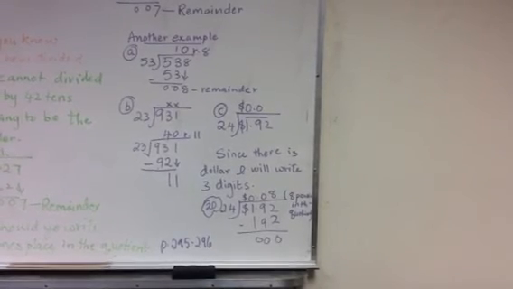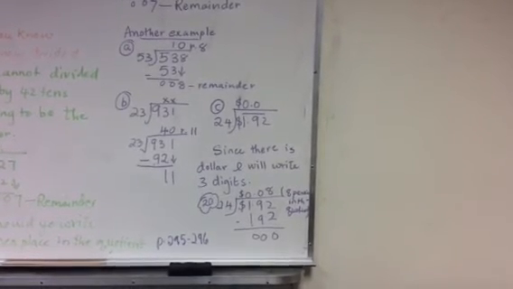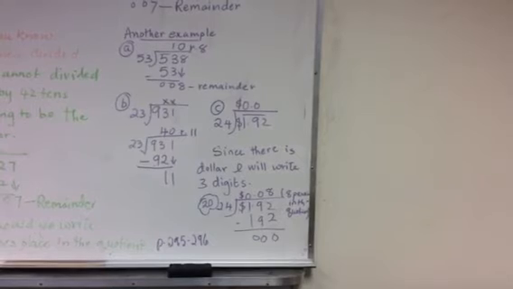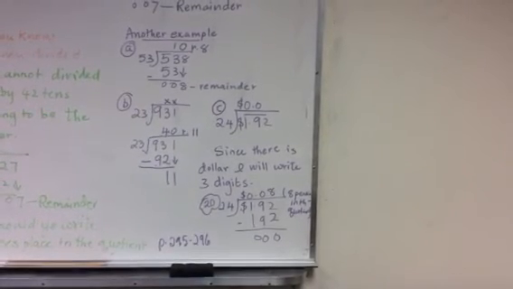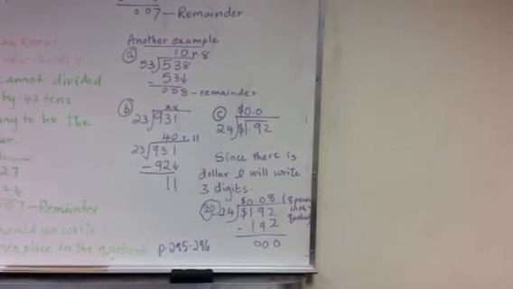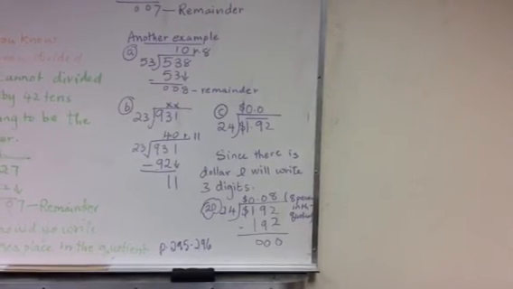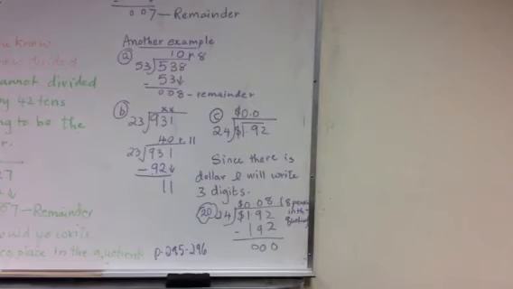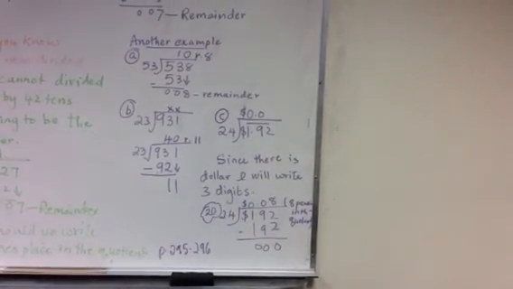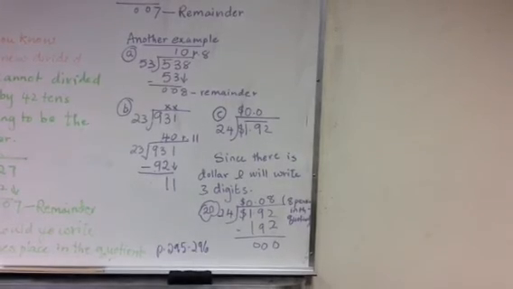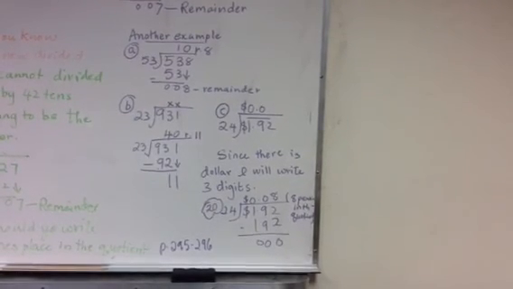Now how about when you are dividing money? 24 divided into $1.92. Since there is a dollar, I'll write 3 digits. First will be a dollar sign. 24 is rounded off to 20. 20 cannot go in 1, so you put a 0.